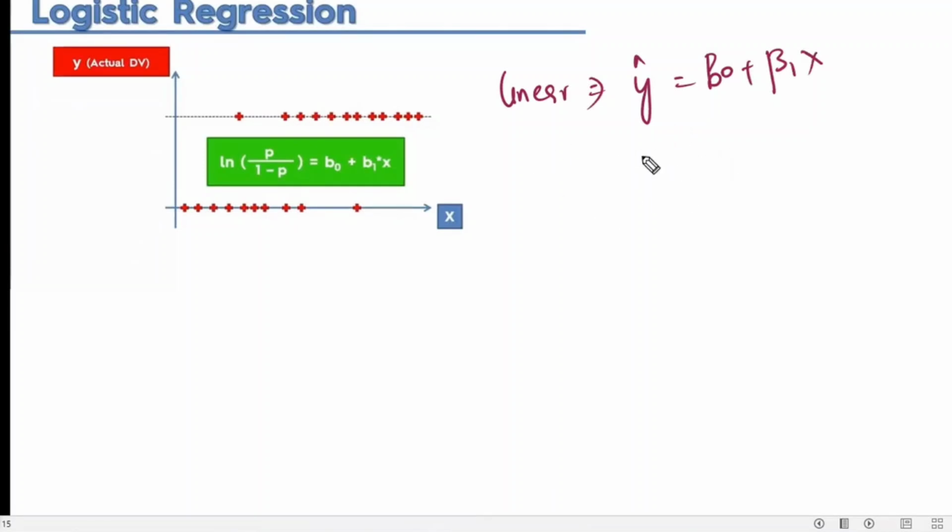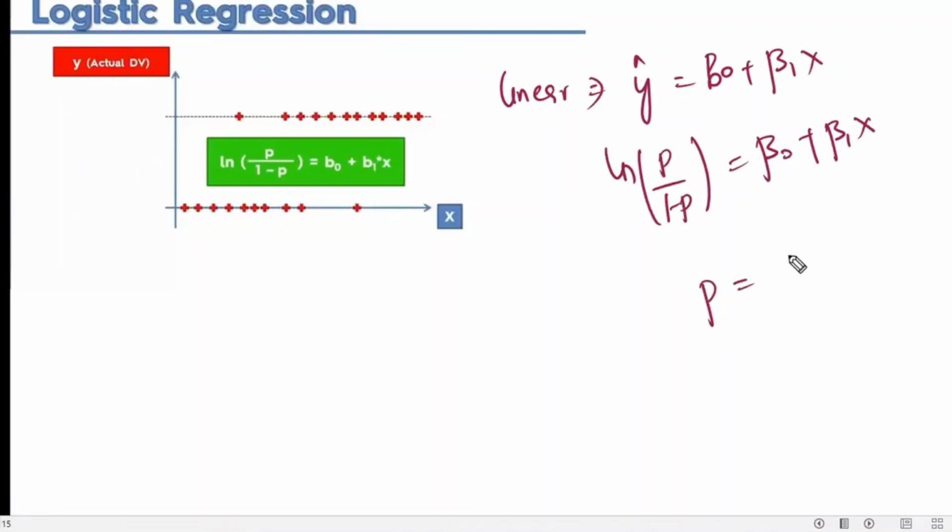Now the same thing you calculate as probability: ln of p divided by 1 minus p equals beta naught plus beta 1x. From this you calculate the p value, where p is 1 divided by 1 plus e to the power of minus (beta naught plus beta 1x). Same to same, no difference. The only difference is that instead of stopping here, we continue from here. The extra is converting to probability.